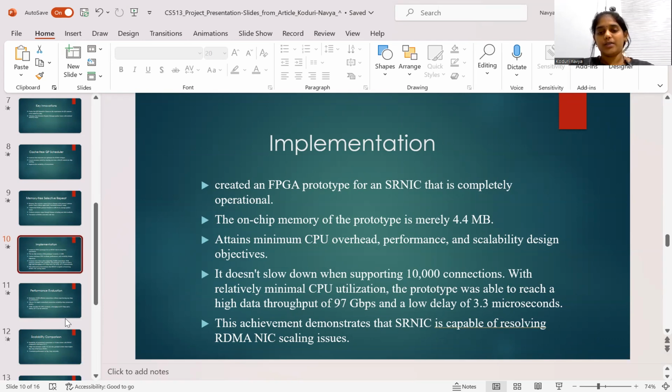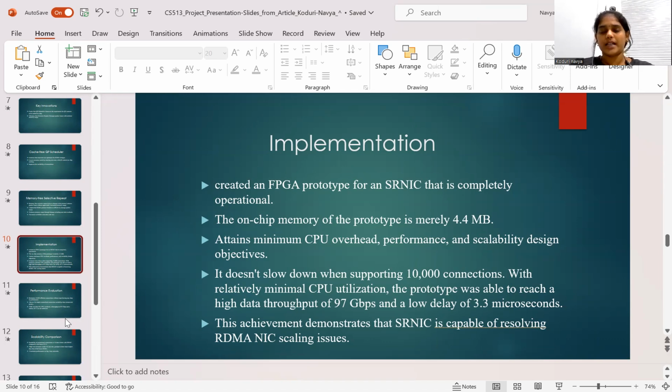This overall achievement demonstrates that SRNIC is capable of resolving RDMA scaling issues. By the achievements of SRNIC, it is very sure that it can overcome the issues faced in the RDMA architecture.